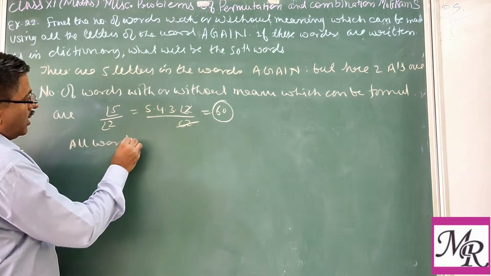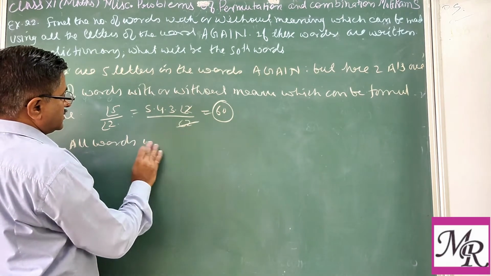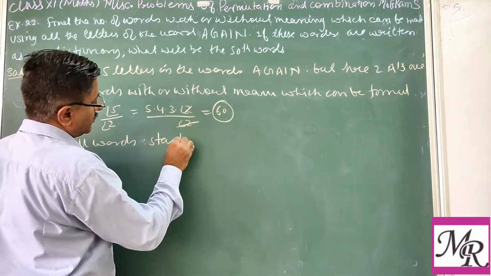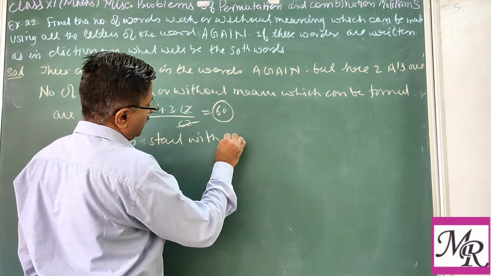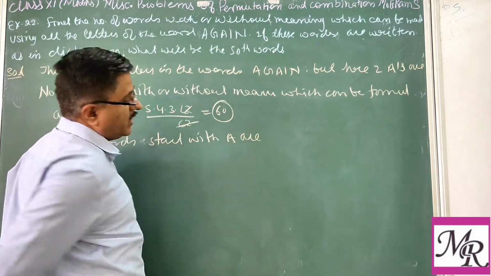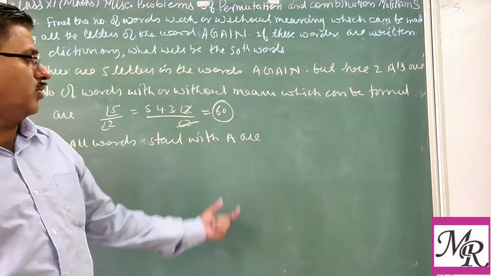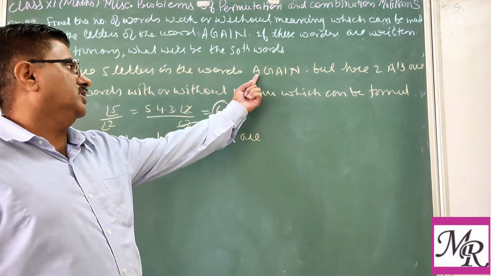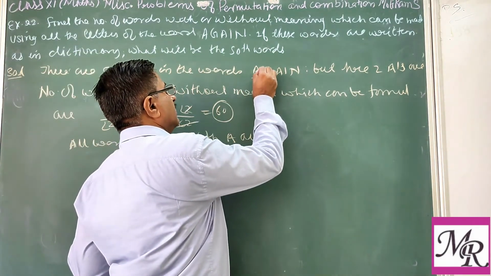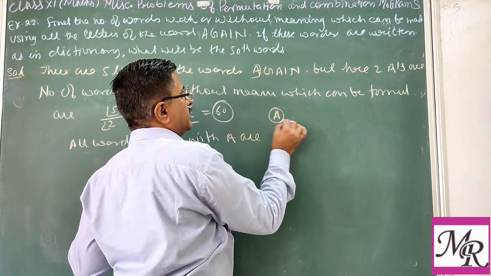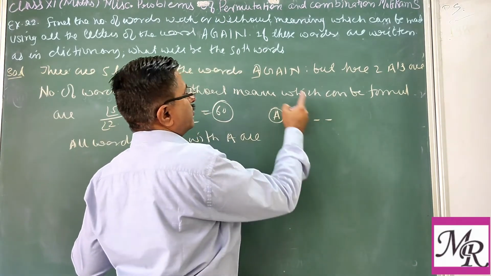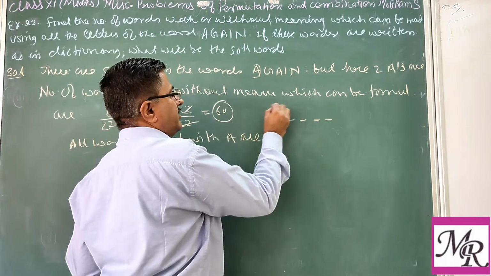So we can write here all words starting with A. Now we have to find all words which are starting with A. So A we can fix here. Suppose we fix A here, then now the remaining positions are 4: 1, 2, 3, 4. A is already fixed.